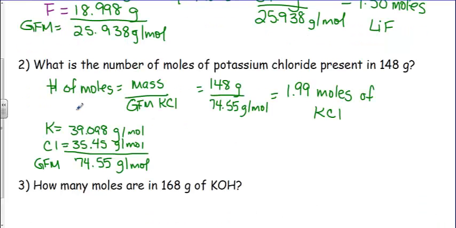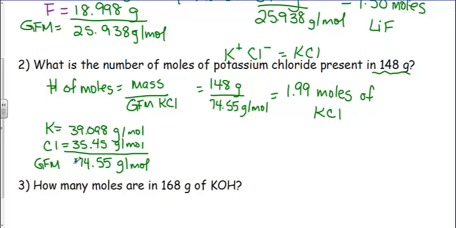All right, so as I set this up, I have the number of moles equals the mass that is given, which is this, divided by the GFM of potassium chloride. Now they give us the name, so we have to go in and say, how am I going to figure out this formula? Remember, potassium is a +1, chlorine is a -1. They cancel each other out, so the formula is KCl. All right, so potassium, mass 39.098 grams per mole. Chlorine, 35.45 grams per mole.